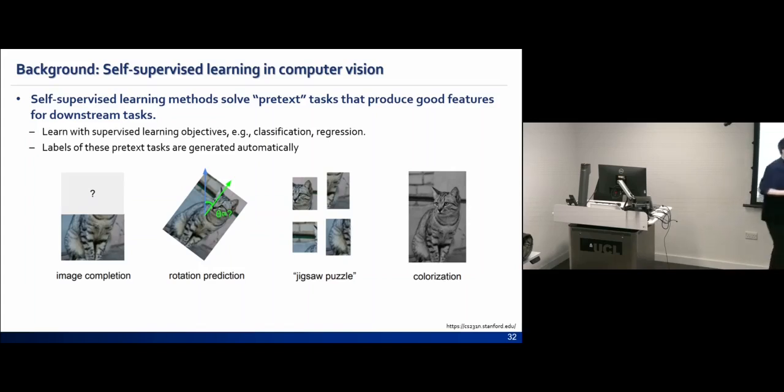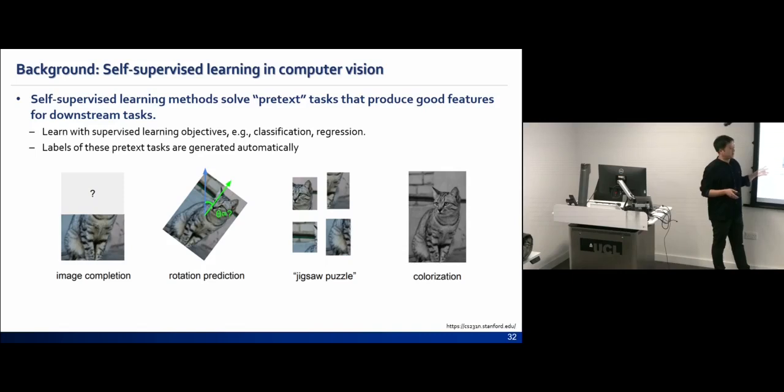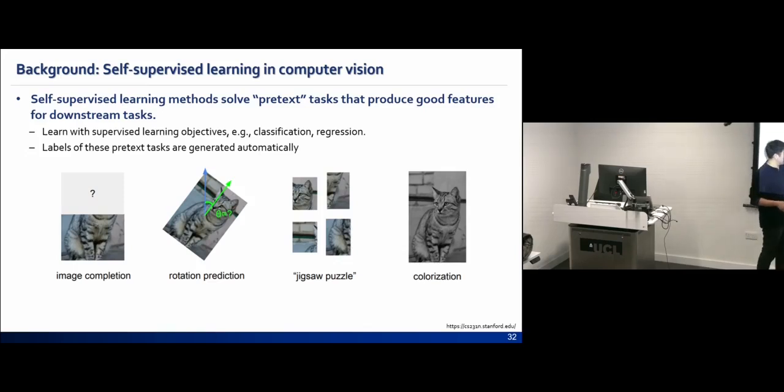One advantage of these tasks is that we only need an input image. Just by simply manipulating the input image, we can erase the upper part and let the model complete the remaining part. Or we can rotate the image and let the model predict how much this image has been rotated. We can also shuffle the patches and let the model guess the arrangement or the order of these patches.